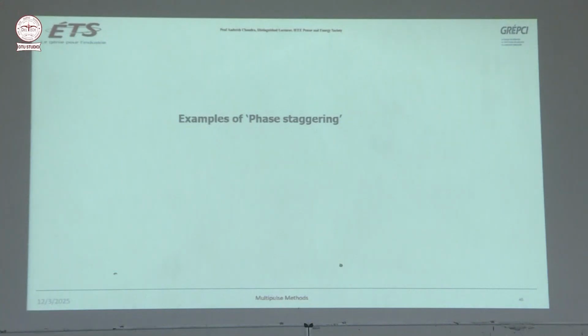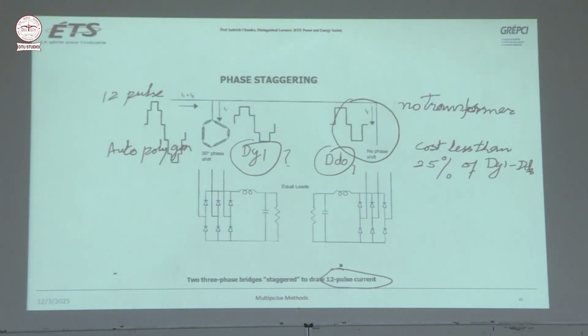So now using these auto transformers, we can have the phase staggering like this. See? Can you see how much money you can save in this thing? Because it is the same thing, like you are using Dy1 and Dd0. Here you don't have to have any transformer. Directly you are connecting. So 0 degree phase shift is there, right?